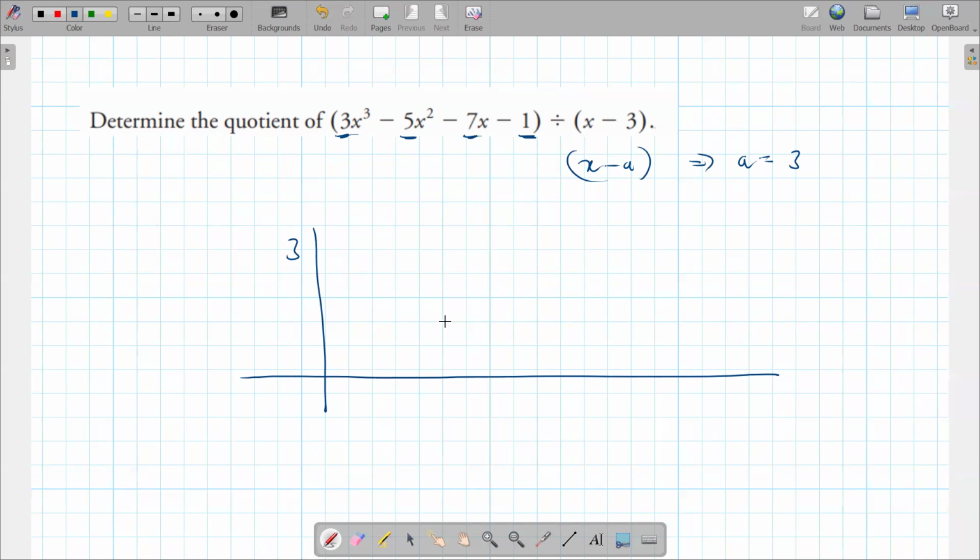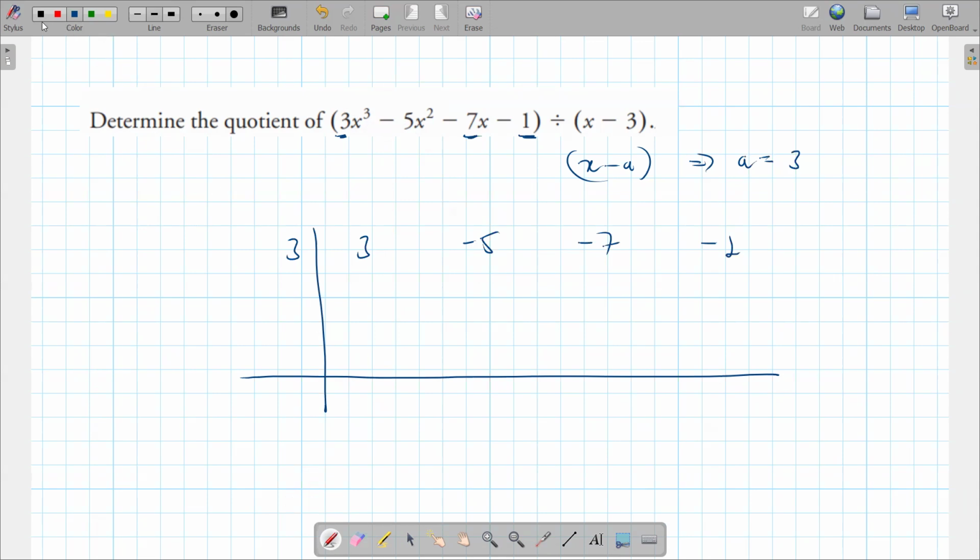And if any of them are missing, for example, let's say your x squared term was completely missing, you'd put that as a 0. Same thing as long division. So all the coefficients: the first one is 3, -5, -7, -1. So that's the setup for synthetic division.